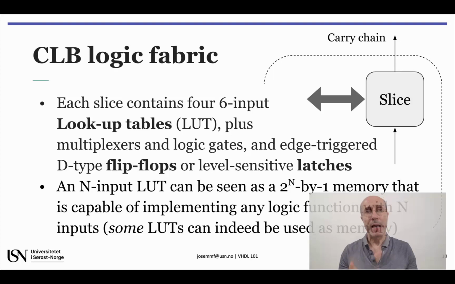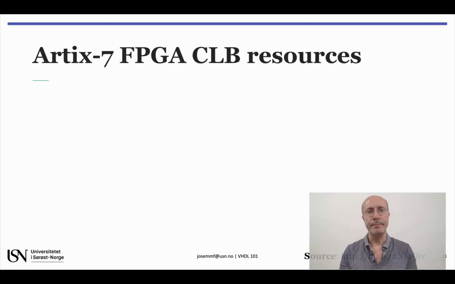Actually, part of the slices, the so-called Slice M blocks, allow the lookup table structures to be alternatively used as distributed memory, as we will see later. This does not happen in the other type of slices, called Slice L blocks.